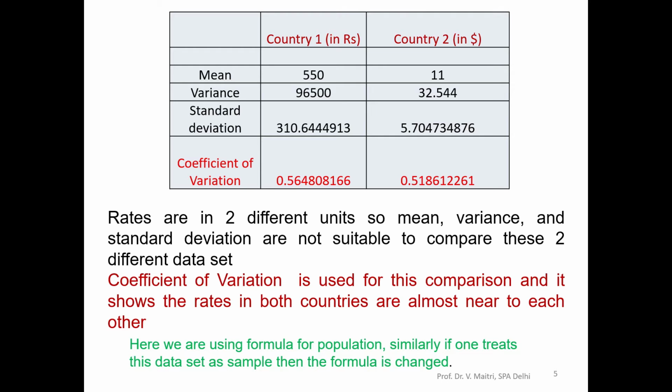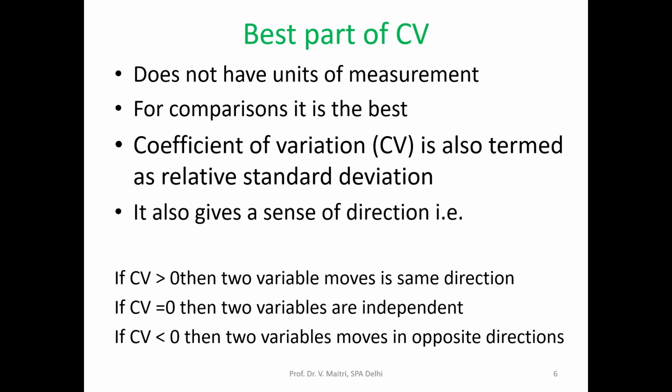So these three measures are not good enough to compare two frequency distributions with different units. There are two different units; that is the main issue. That's why we use the coefficient of variation, which is unit free.